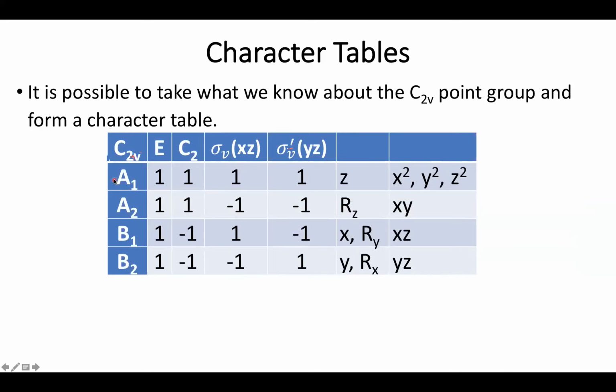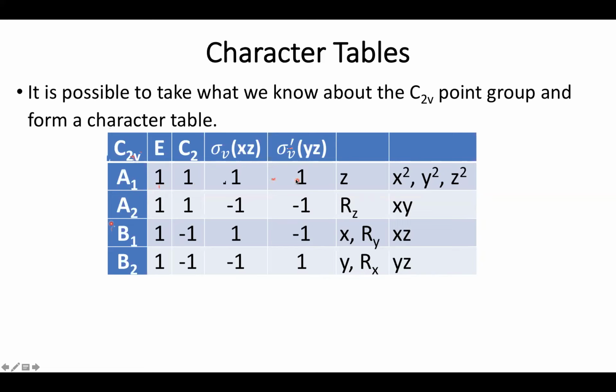So we then have 4 different irreducible representations, which we've identified before, but now we are giving them official labels. So our A1 irreducible representation is going to be our completely symmetric irreducible representation. This means that it pretty much behaves under all of the operators the same way the entire molecule does.